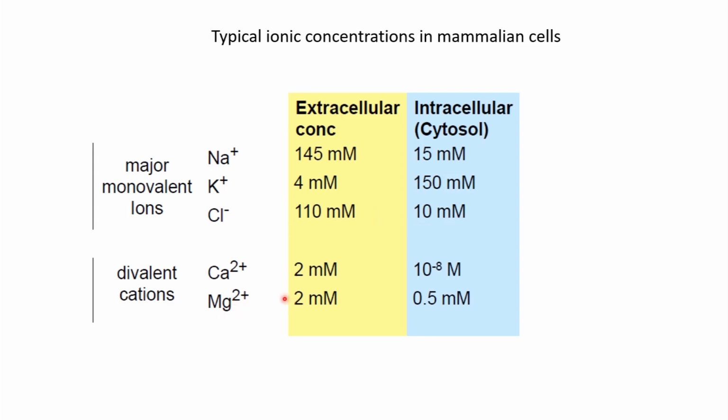It is present at higher concentration outside and lower concentration inside. The divalent ions are present in much smaller concentrations, and they are present at slightly higher concentration outside compared to inside. But the overall concentrations are much lower compared to these monovalent ions, as you can see.